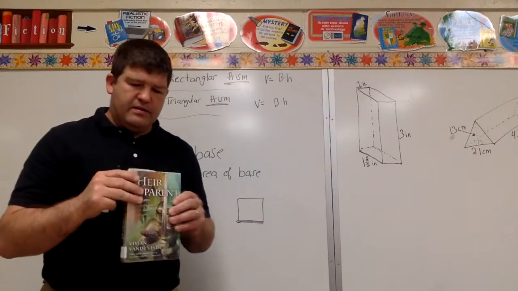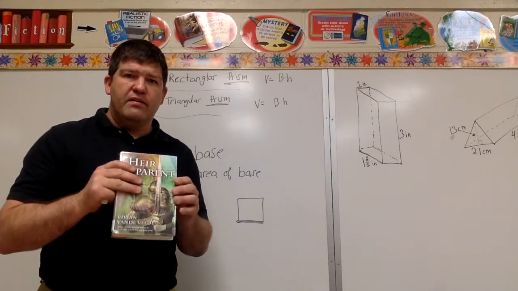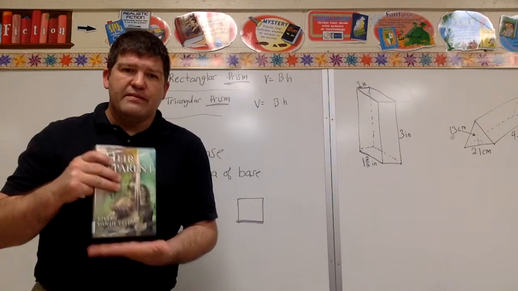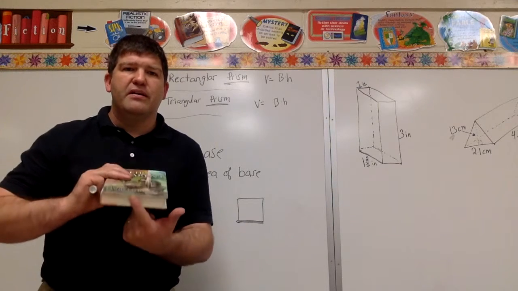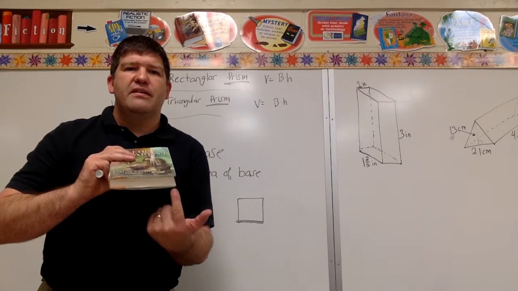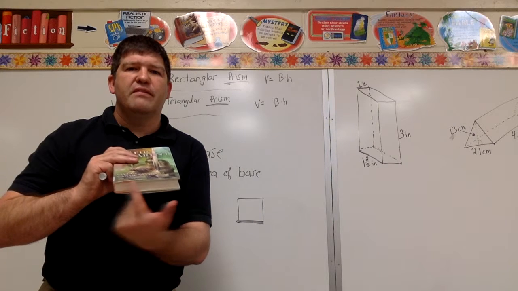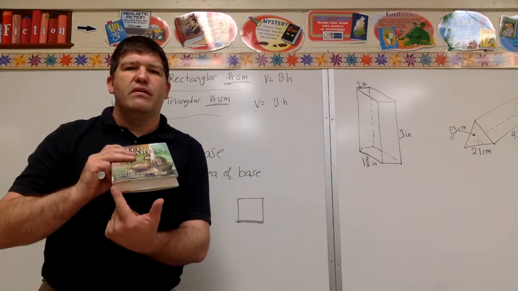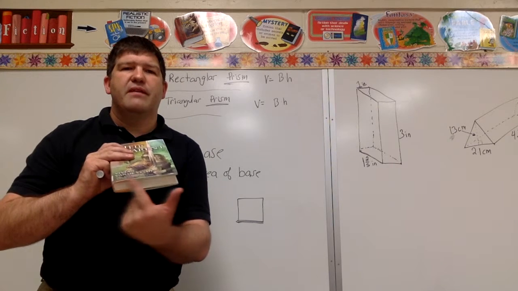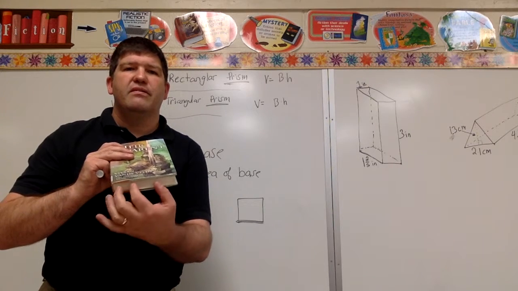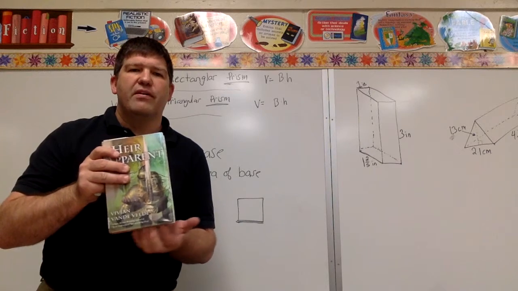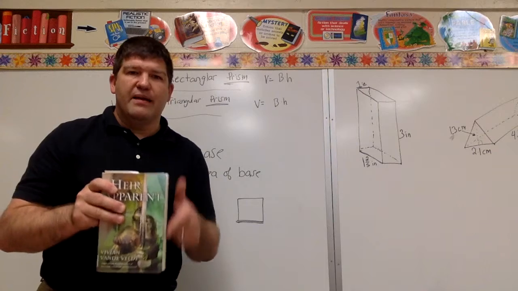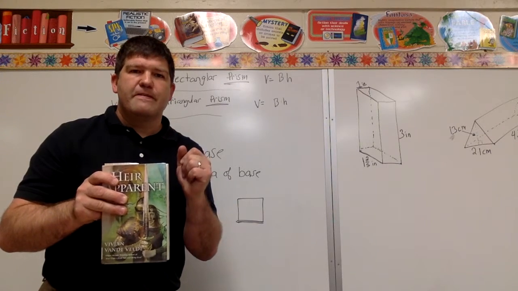It's a rectangular prism. So it has this base right here. If I look at this base, I could find the area of it, because the area is just the length times the width, or the base times the height. So I can find the area of the base, and then I take the area of the base times the height.